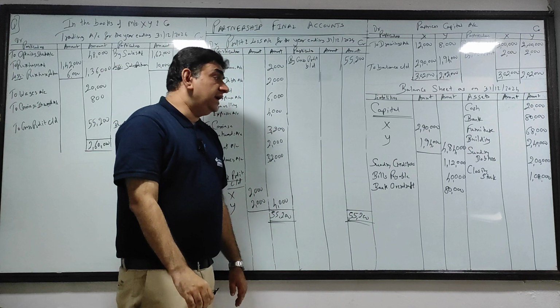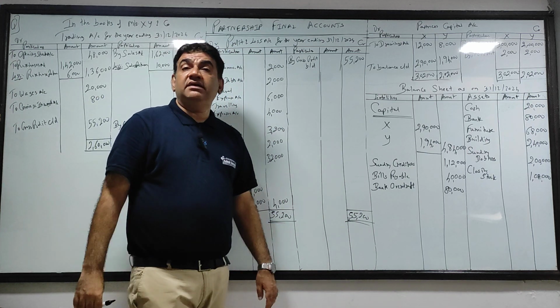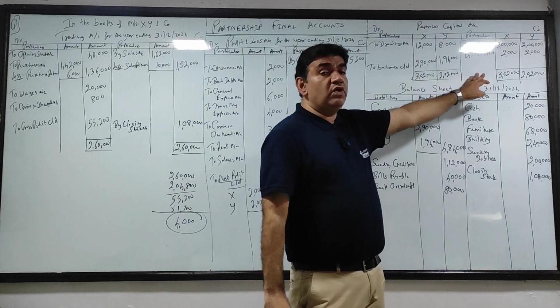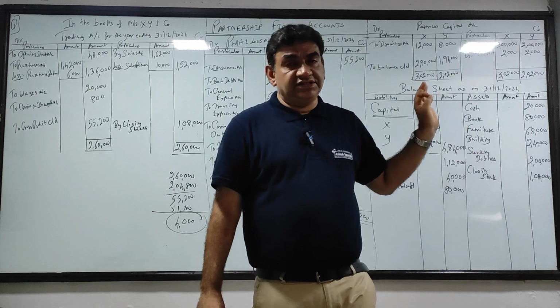So 384 and 1, 484 is my total capital. Got it? I'll repeat. Credit side is more, the difference is coming here. Therefore, it is a credit balance.